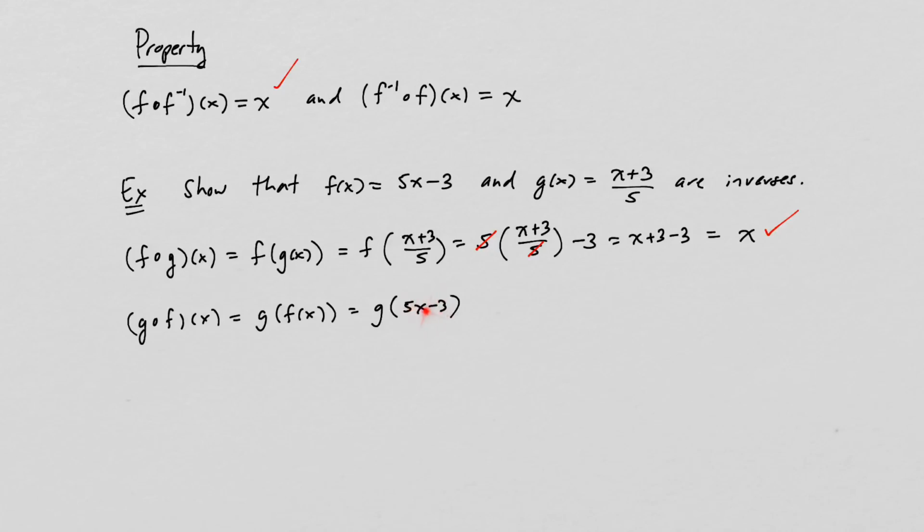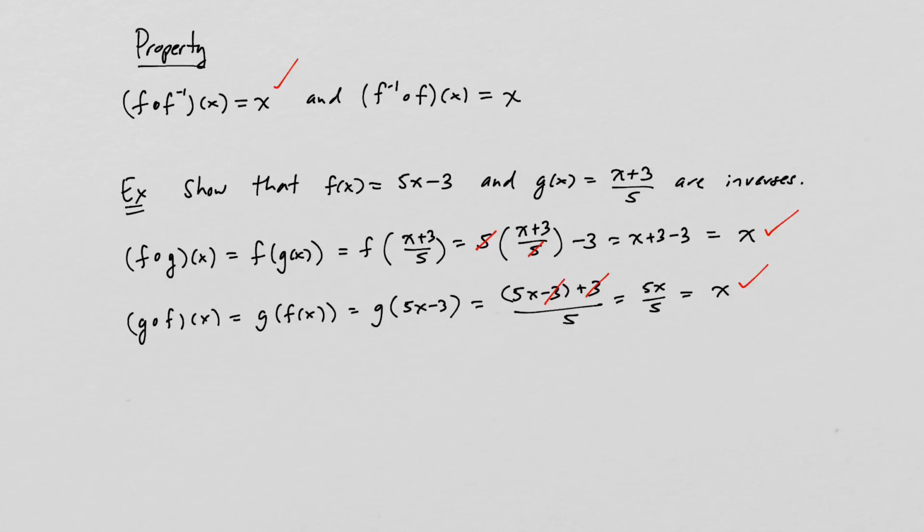And we are going to take 5x minus 3 and plug it into here. And so that becomes (5x minus 3 plus 3) divided by 5. Cancel, and we get 5x divided by 5, and those 5's cancel, and we end up getting just x.